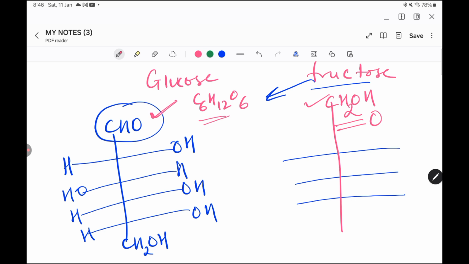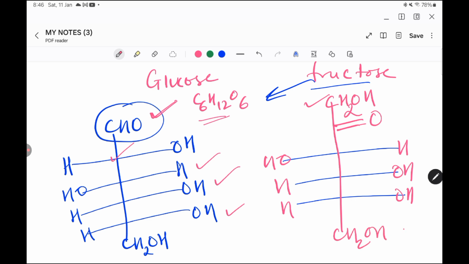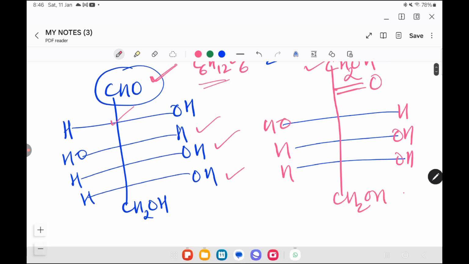Here you'll write CH2OH. The second carbon atom, we have written C double bond O for fructose. And the third and the fourth you should write the same, and the fifth also. In the third, just copy down that structure as you have done for glucose. So you'll have H, OH, and you'll have H, OH, and on the last one, you write down CH2OH. In this manner, you can see how nicely we have drawn the structure and learned the structure.